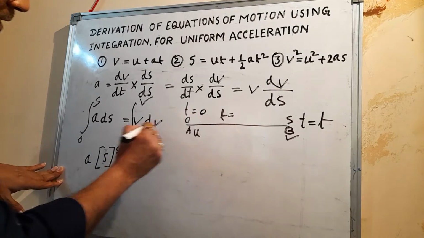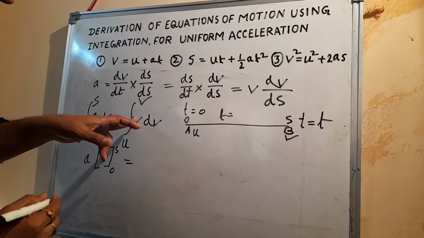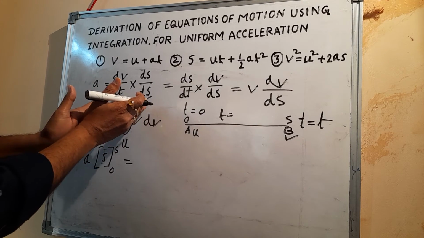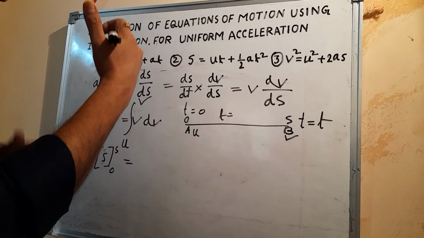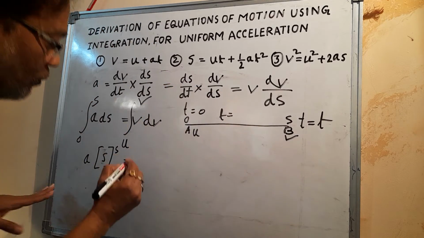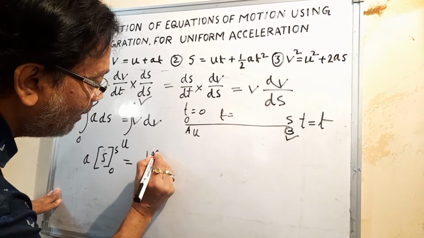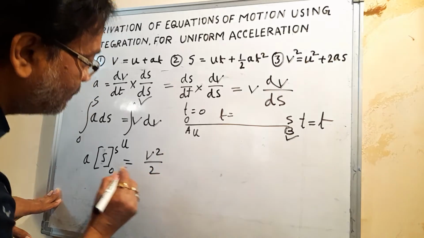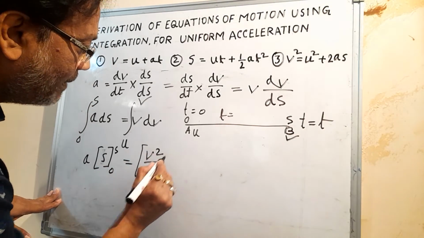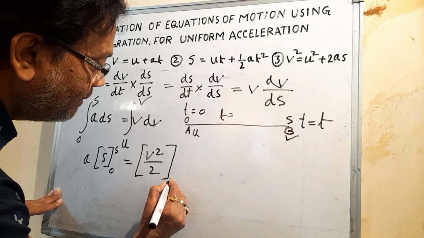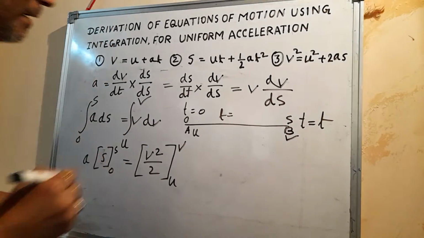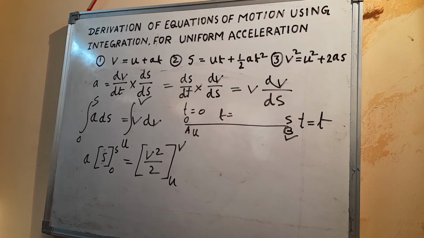Similarly, for the integral of v dv, the power here is 1 and we add 1, so this will be v square by 2, changing from u to v.